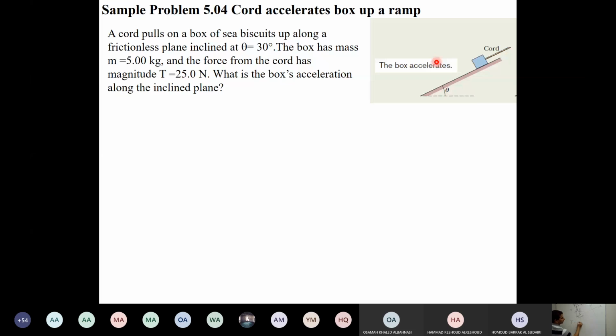So minus mg sine theta. Under the influence of these forces, the block is going upward. So I put the acceleration positive, because it is pointing to the positive x-axis. So I put mass of the block times the acceleration.